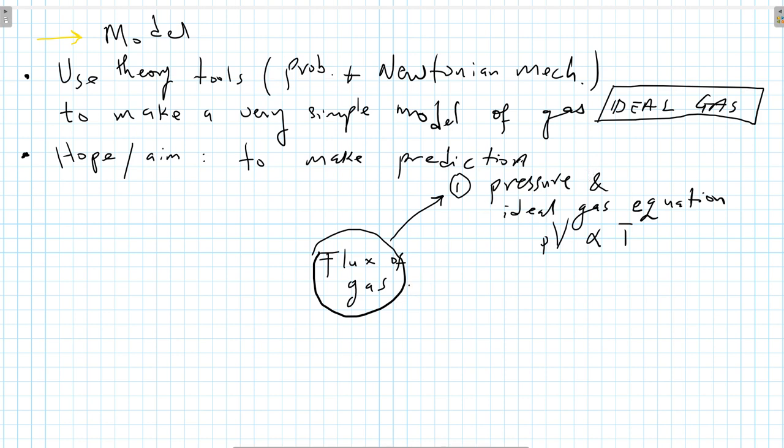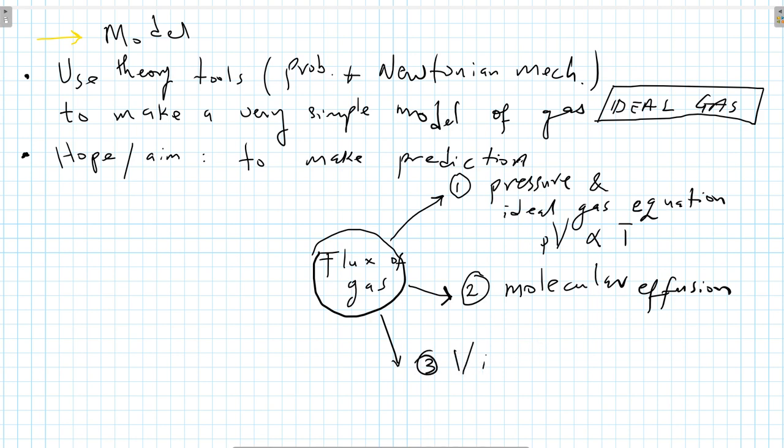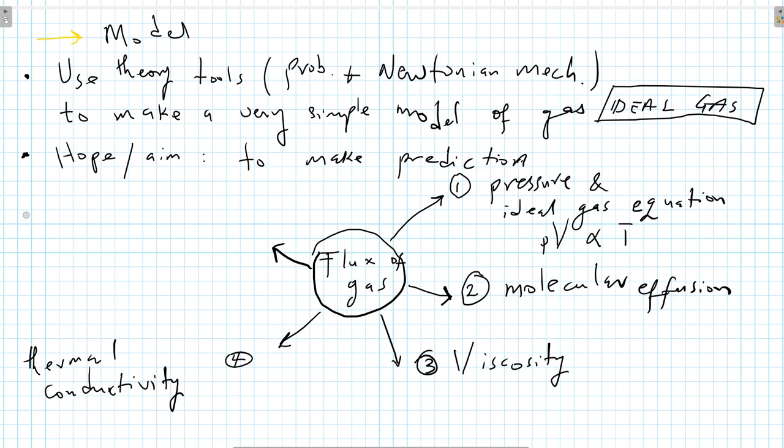Other things which can be computed are: two, molecular effusion; three, viscosity; four, thermal conductivity; and five, diffusion equations.